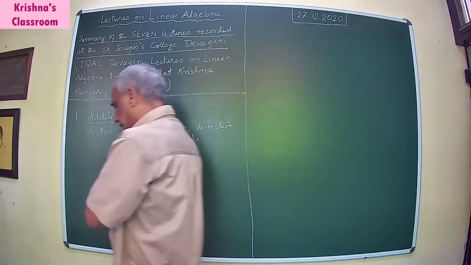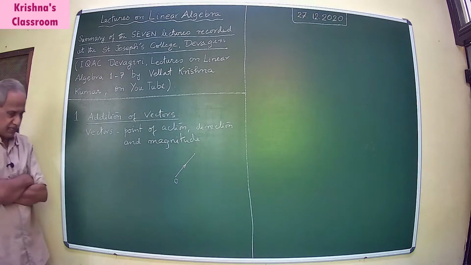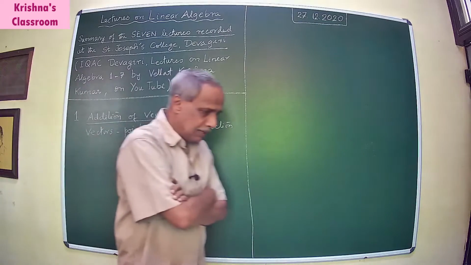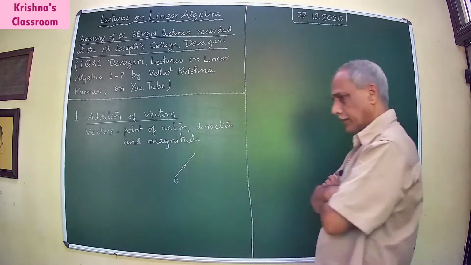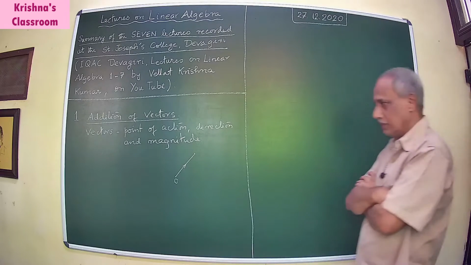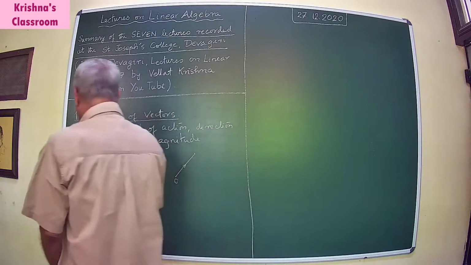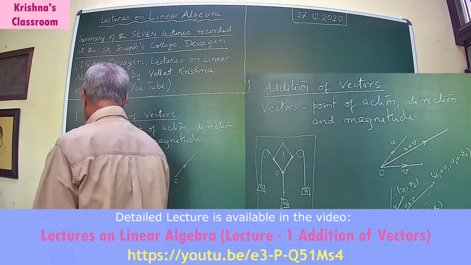There is the beautiful experiment that one does at the +1 or +2 level. The drawing board, pulleys, weights, and so on. I just draw the diagram, maybe you just bring a pen in your mind.